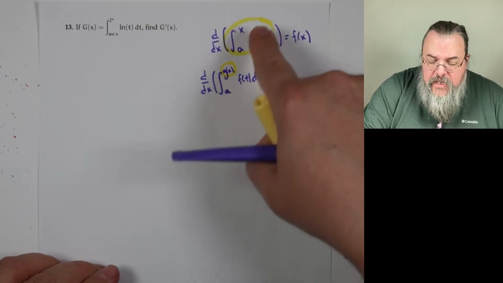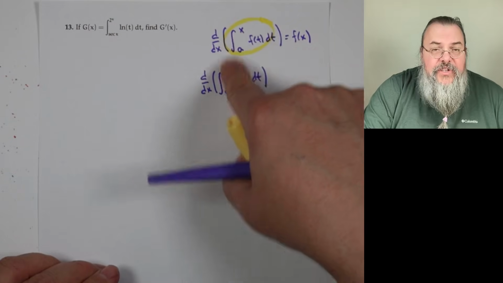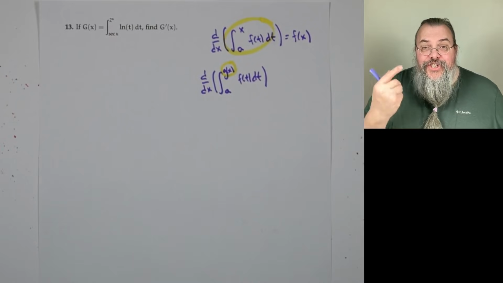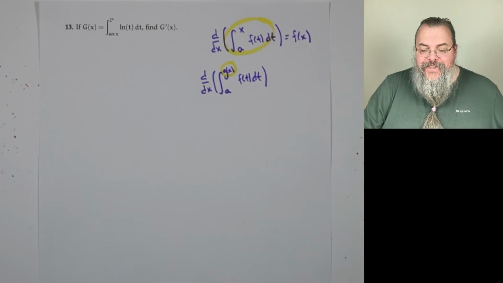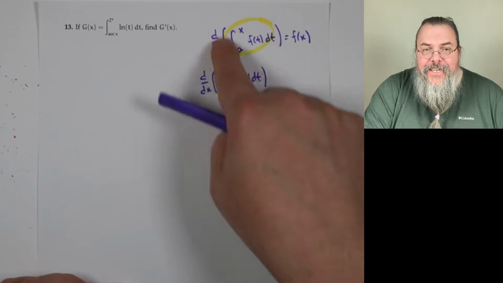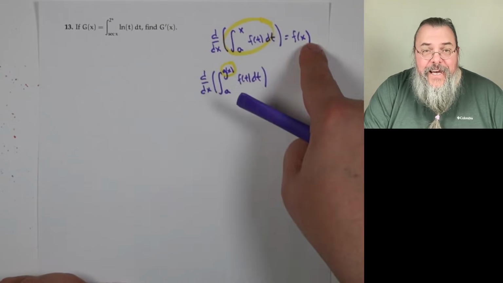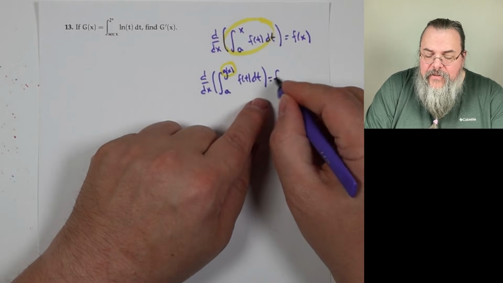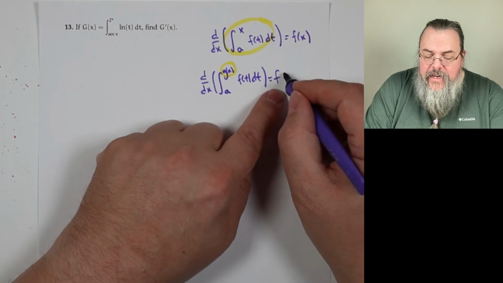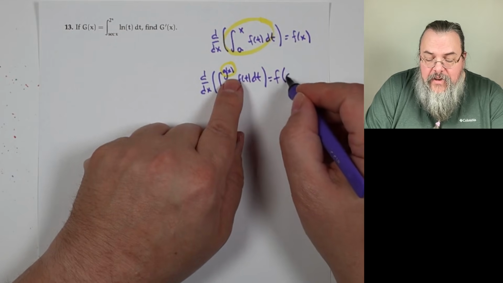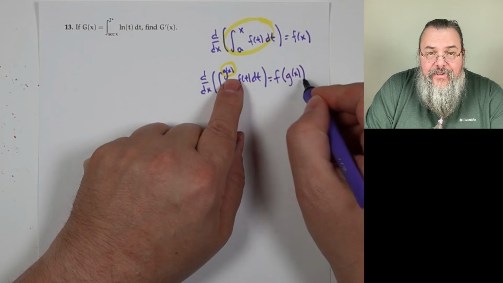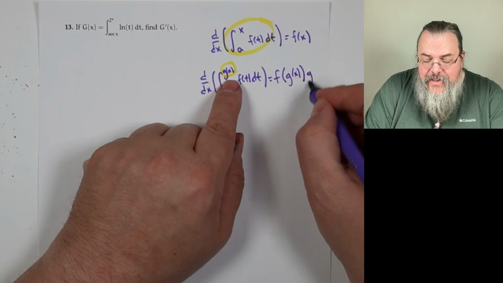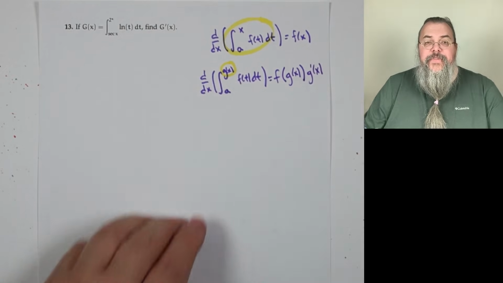We're replacing the x by the g of x. So what do you use? The chain rule. So the outside function, when you take its derivative, is f of x. So what do we get? We get f, take off the outside, plug in the inside, g of x, times the derivative of the inside, g prime of x.